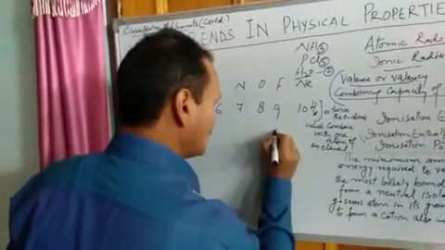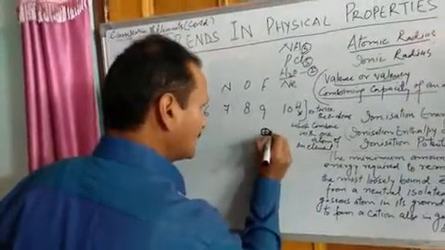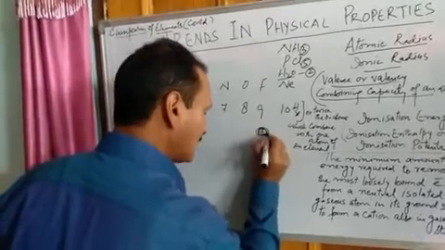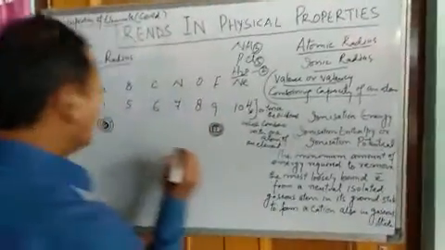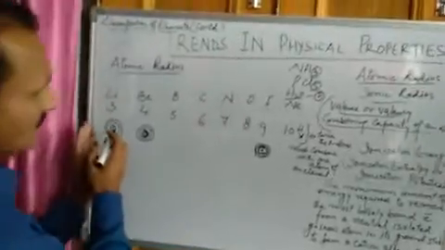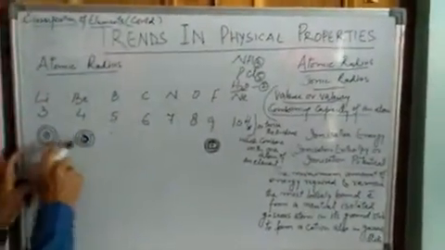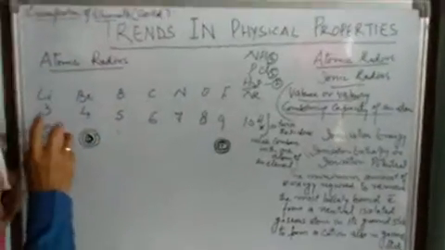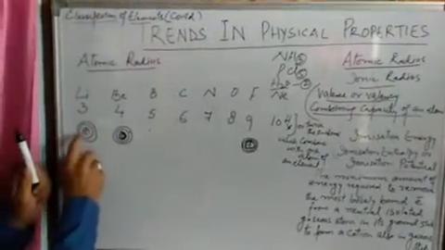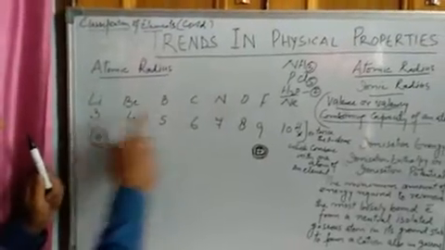This is the nucleus of fluorine and this is the first shell and second shell. What do we observe along a period? But before going to atomic radius, let us come to atomic size. You see here the atomic size of lithium is larger, it is greater than fluorine.